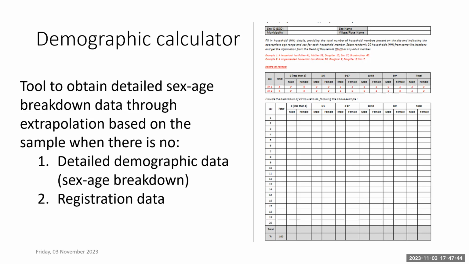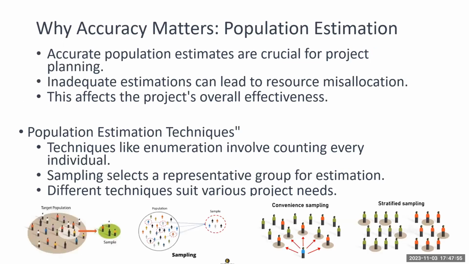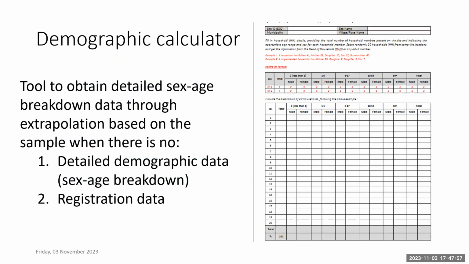So if it is a public health situation, those in charge of public health can be informed of what steps to take. In this particular region, we have about 10% of the population being male under 0 to 5.